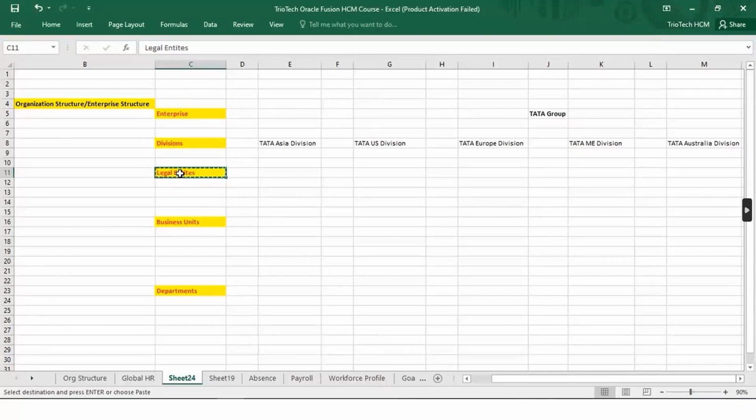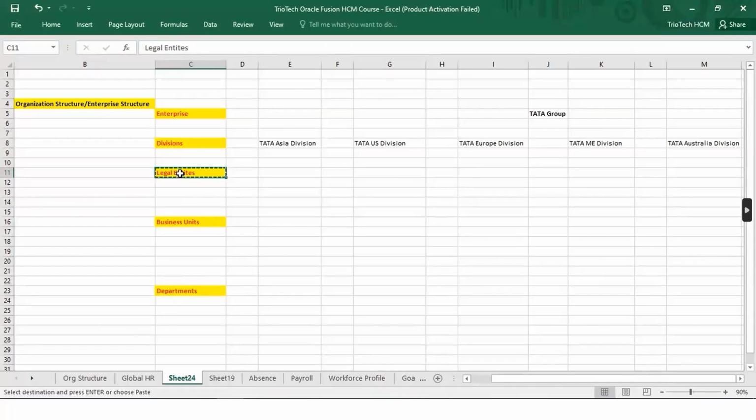Legal entity is nothing but the actual registered company of your client, which is conducting the business in the market, is called as legal entity. But if Oracle standard definition, if you ask me, legal entity is nothing but an entity which is legally registered in that respective country as per the government rules.